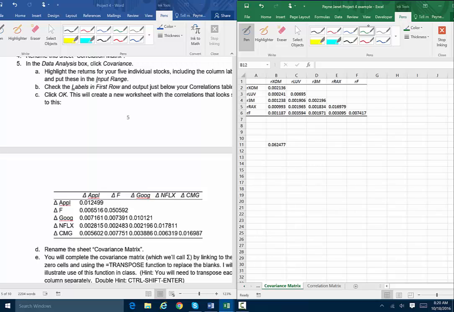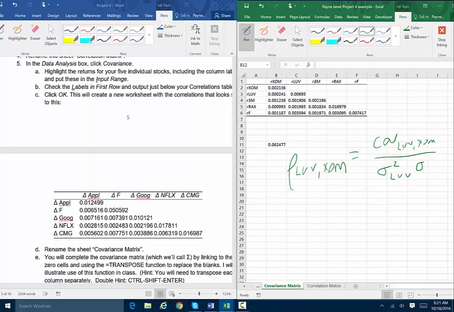So the correlation between Love and ExxonMobil is equal to the covariance between Love and ExxonMobil divided by the standard deviation of Love times the standard deviation of ExxonMobil.